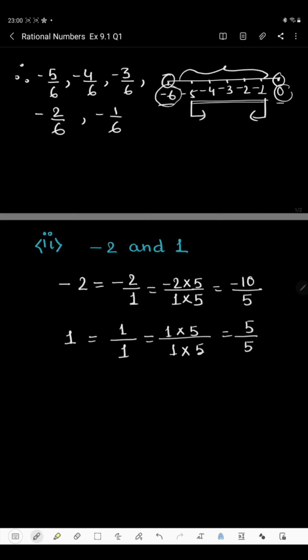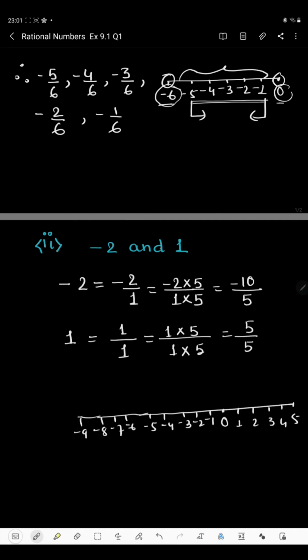Now see, one is positive and another is negative, so we are getting many numbers in between. If we put 0 here, the right side of 0 is all positive numbers. So here we have 5: 1, 2, 3, 4, 5 on the number line, and if you place -10 on the number line, here is -1, -2, -3, -4, -5, -6, -7, -8, -9, -10.